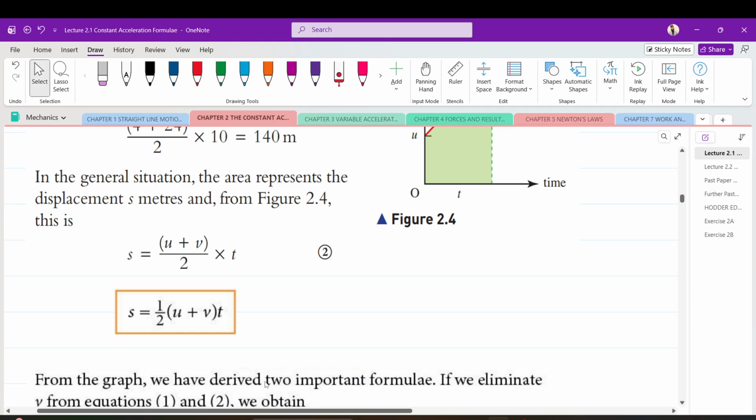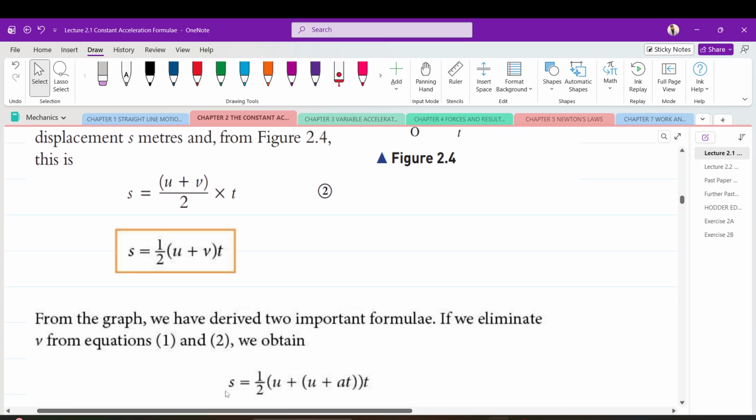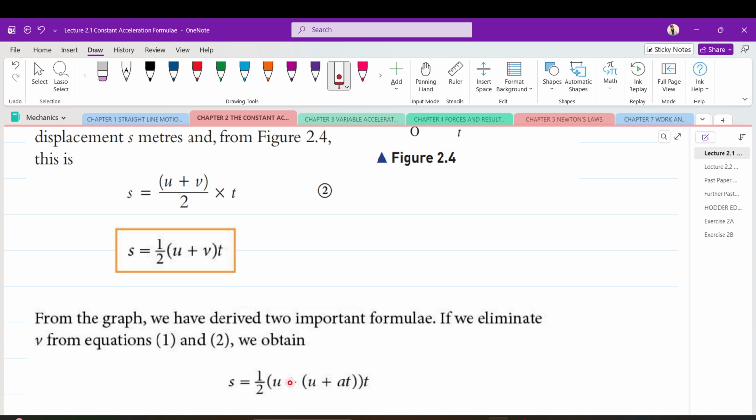Now from the graph we have derived two important formulae. If we eliminate v from equations 1 and 2, we obtain this. Within this equation, I substitute v equals u plus at. After simplification, what would I get? This will be half into 2u plus at multiplied by t.